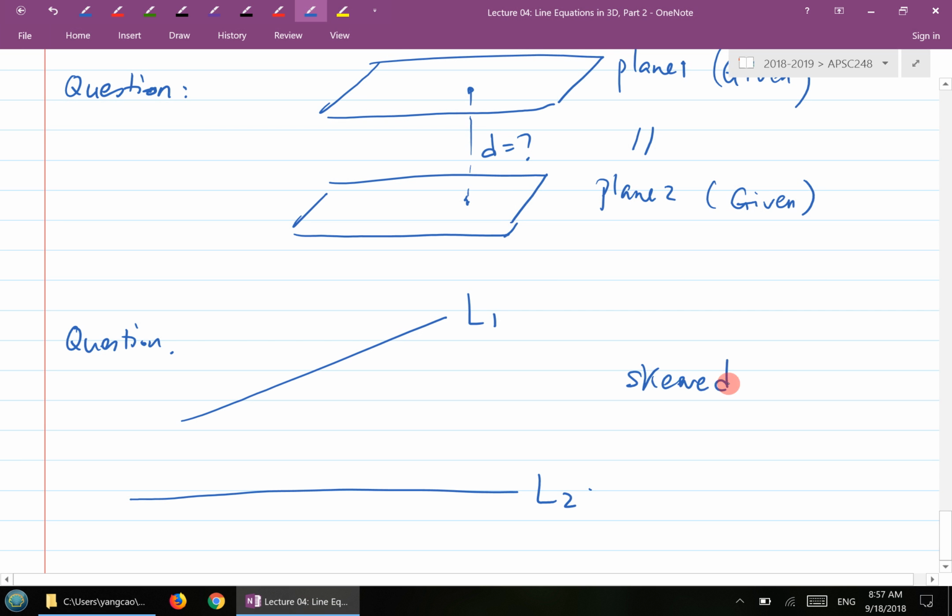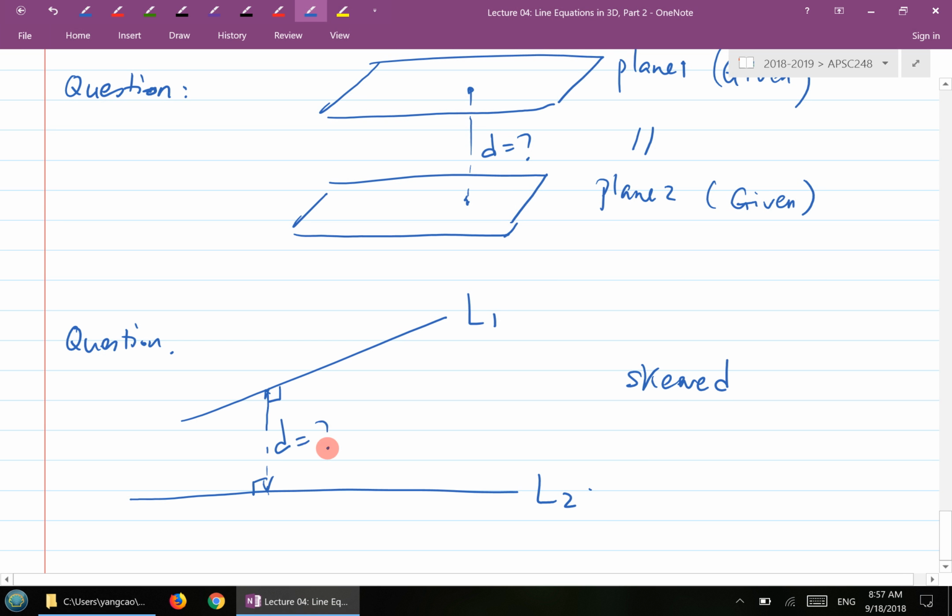If they're two skewed lines here, then how can I find the shortest distance between the two lines? You can imagine, the shortest distance is not a distance connecting any two points on the two lines. It means you need a line between L1 and L2, and this line is perpendicular to both lines L1 and L2.